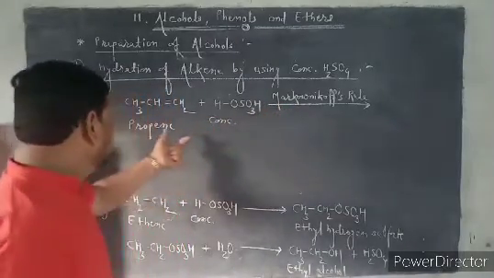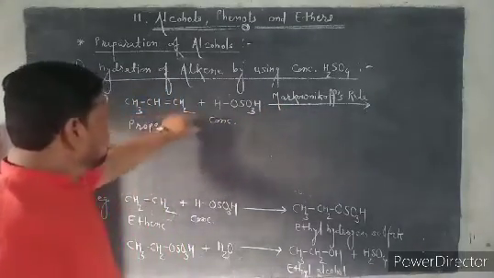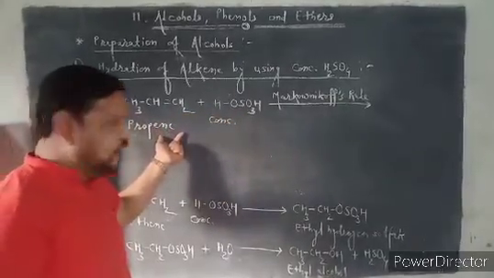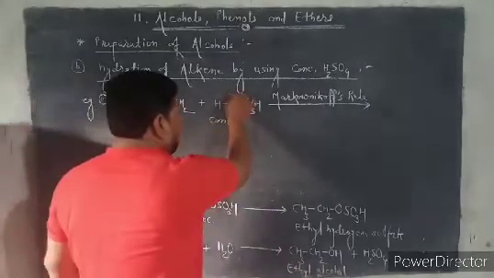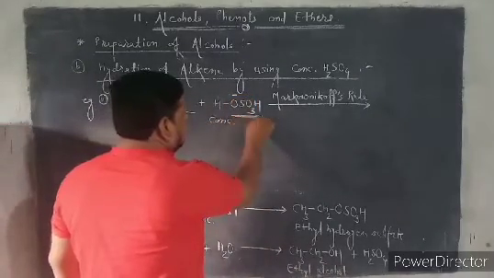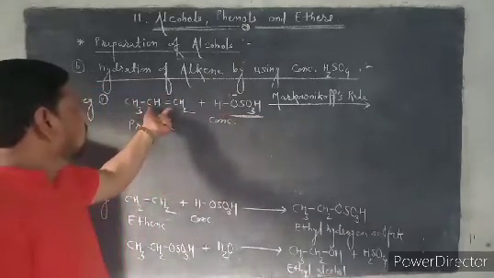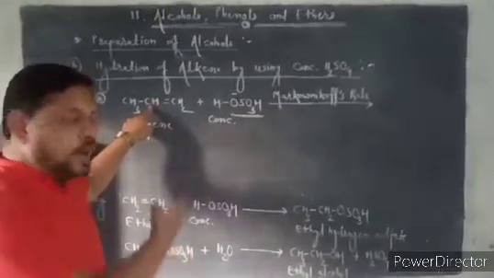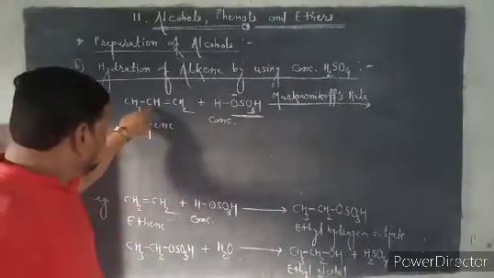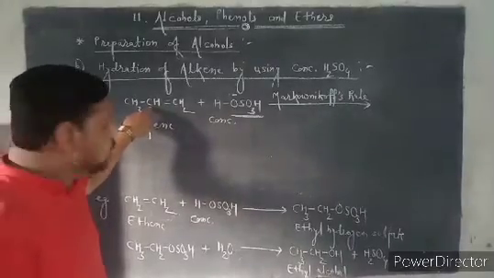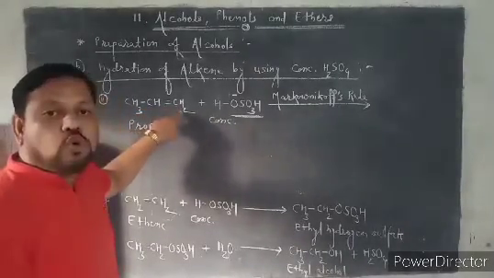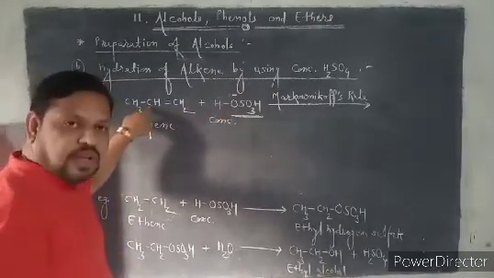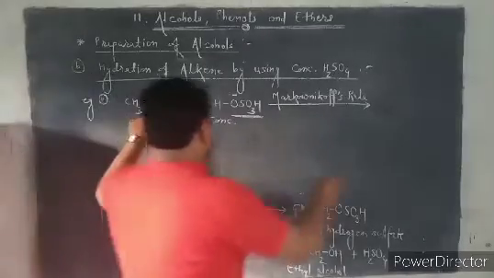Markovnikov's rule is that when an unsymmetrical reagent gets added to an unsymmetrical alkene, the negative part gets attached to that carbon atom of the carbon-carbon double bond which carries the lesser number of hydrogen atoms. See here, this carbon atom has only one hydrogen atom, and this carbon atom has two hydrogen atoms. Hence, the negative part gets attached to this carbon atom.